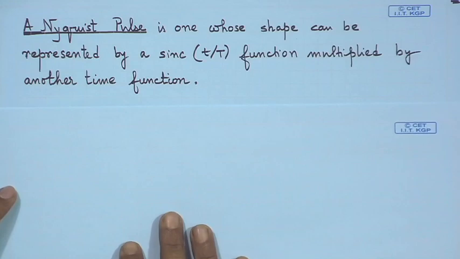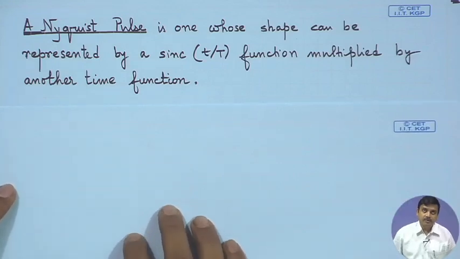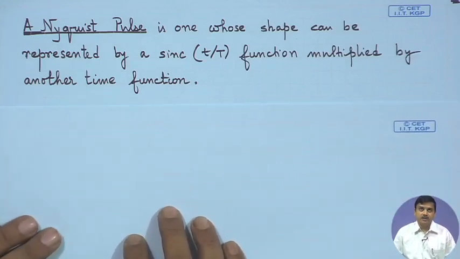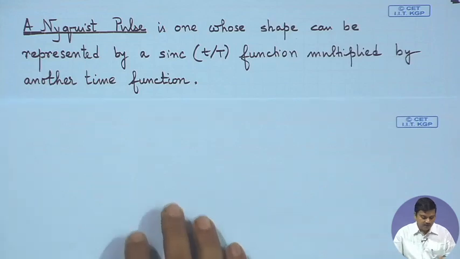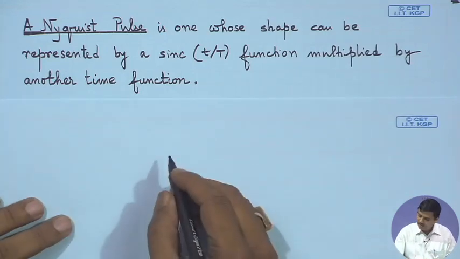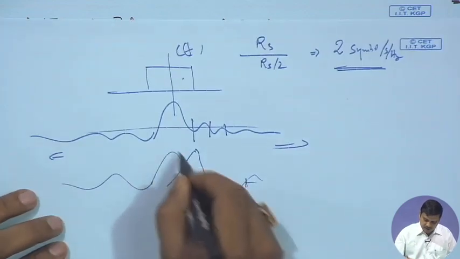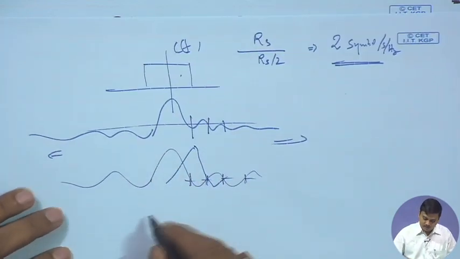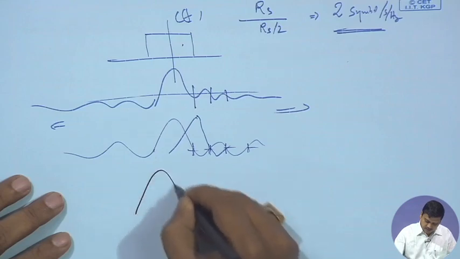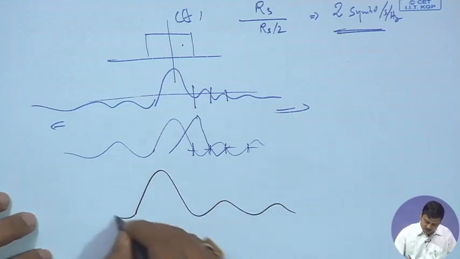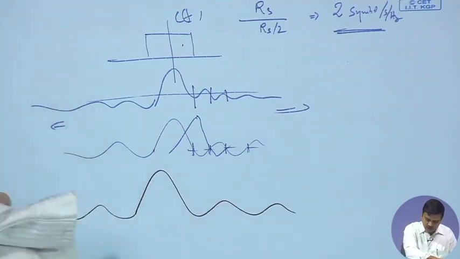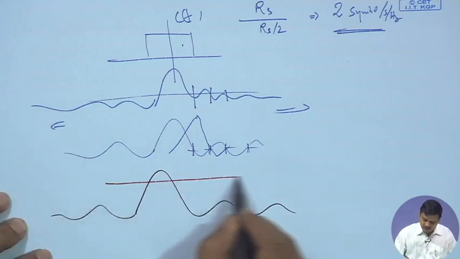So, we revisit that the Nyquist pulse is one whose pulse shape can be represented by a sinc function multiplied by other time functions, and we just explained in the previous lecture that if we consider this as the sinc, roughly speaking a sinc goes like this, and I consider another time function, let us say this.